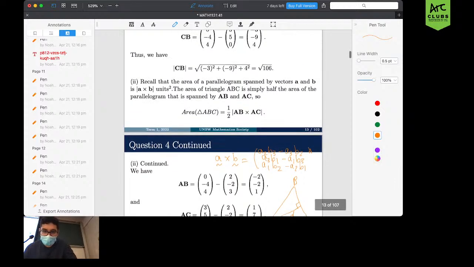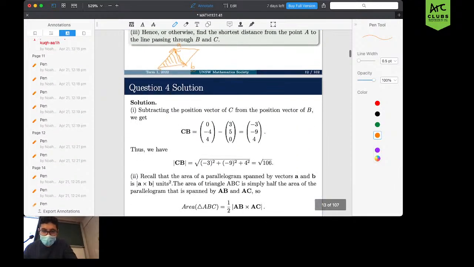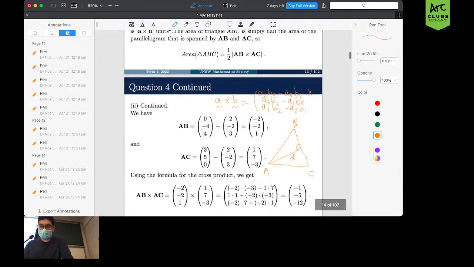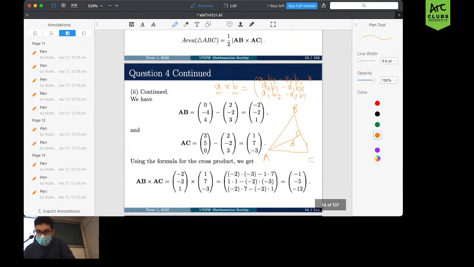We calculated above, in part 1, that the magnitude of vector CB is the square root of 106. Well, that just means that the length BC in this triangle is root 106. So we know the area of the triangle, and we know the base length BC. So all we need to find now is D, and that's the perpendicular height of the triangle.